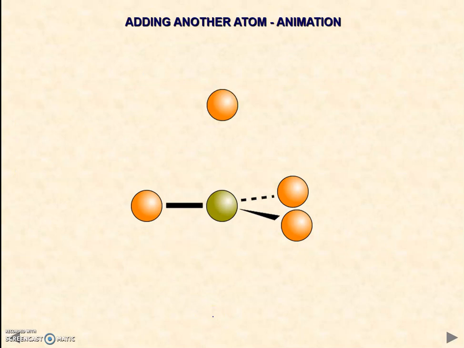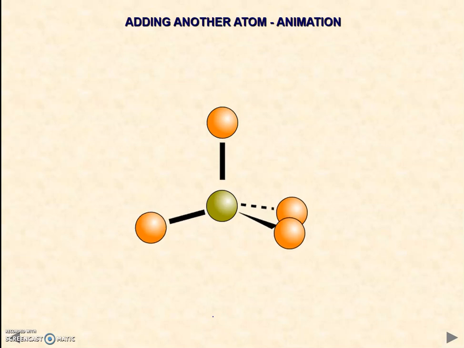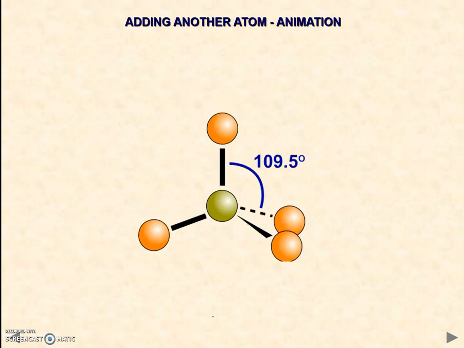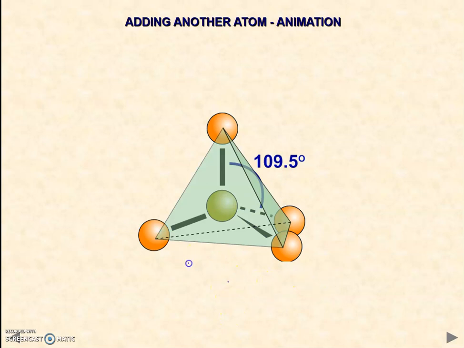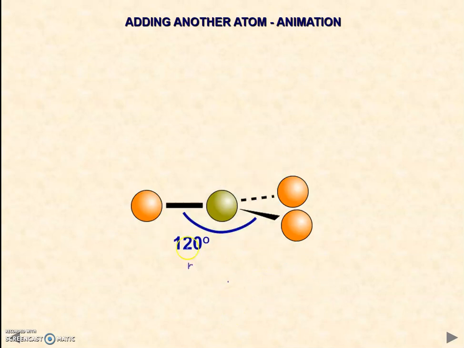Okay, so if we now go from 3 bond pairs to 4 bond pairs, instinctively you might want to draw the 4 bond pairs in an arrangement like this.